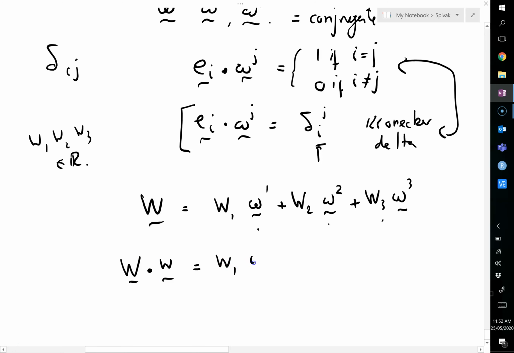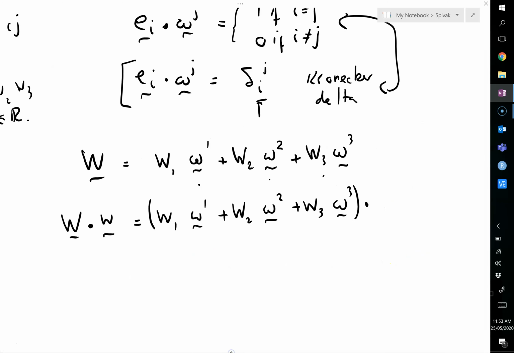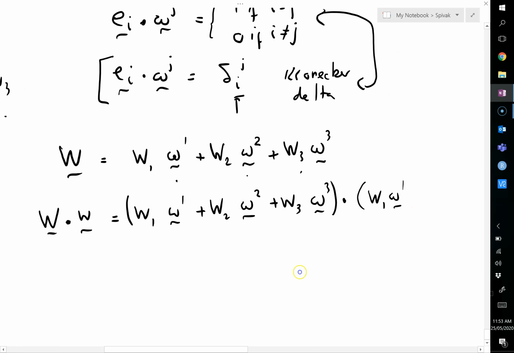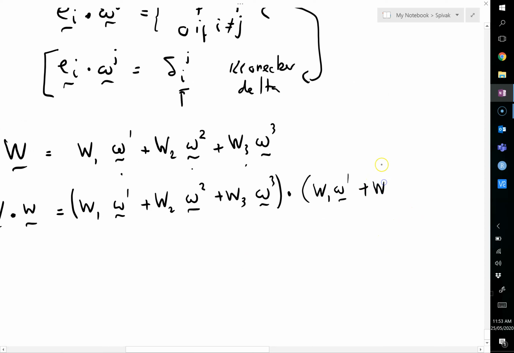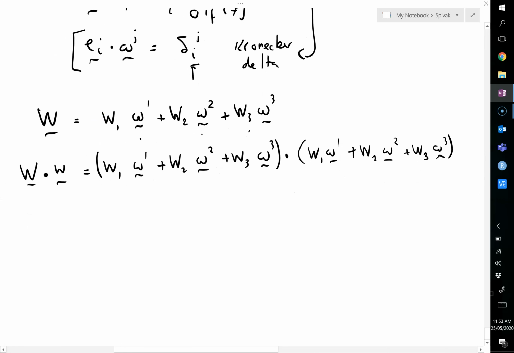It's w1 omega 1 plus w2 omega 2 plus w3 omega 3, in brackets, dot the same thing, w1 omega 1 plus w2 omega 2 plus w3 omega 3. It's very easy to get this the wrong way around, or put subscripts where there should be superscripts and so forth.